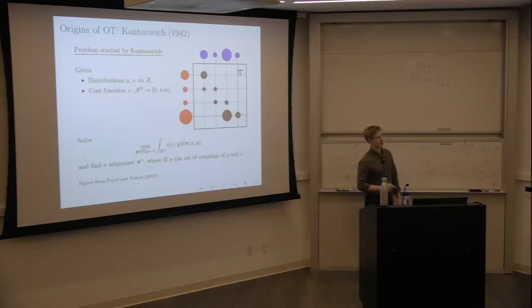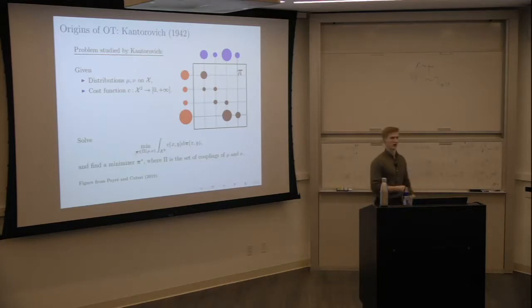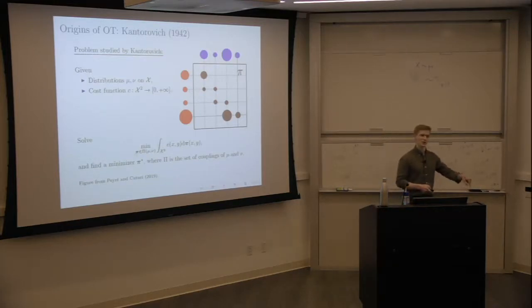So Kantorovich formulated this problem like this. Again, we have two distributions, mu and nu. We want to transport mu to nu, or the other way around. And there's a cost function in the same way that Monge was thinking about a cost function. But now we are allowing mass at one location to be sent to several destinations.